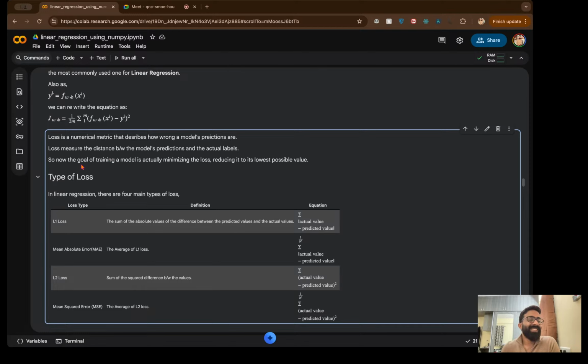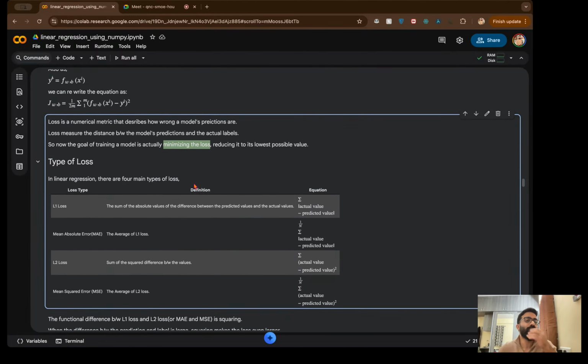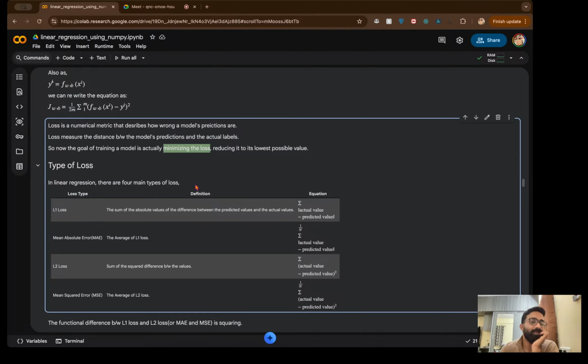Okay, fine. So now the goal of training a model is actually minimizing the loss. Now the goal has changed again. What was the goal before? The goal was to predict the value.